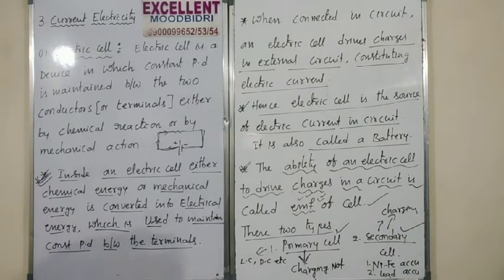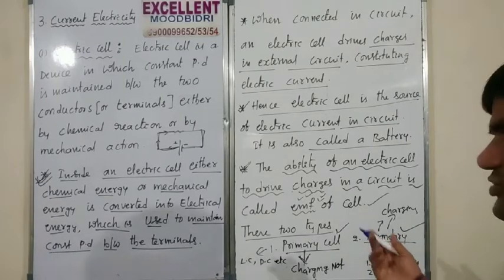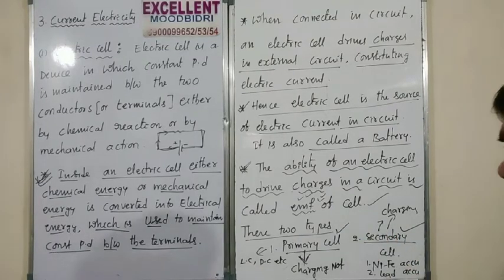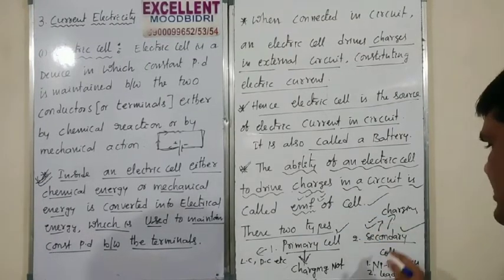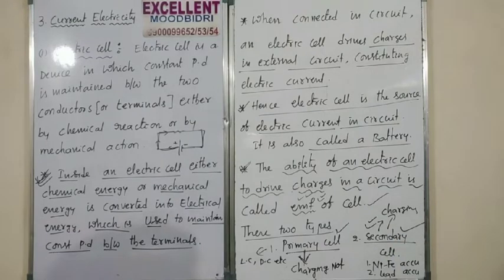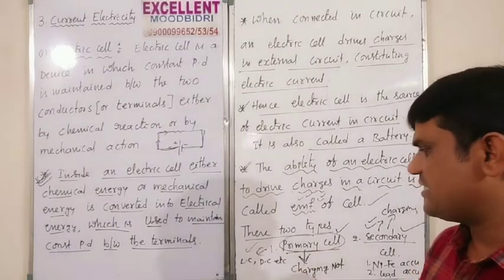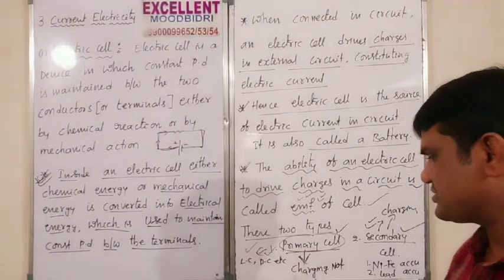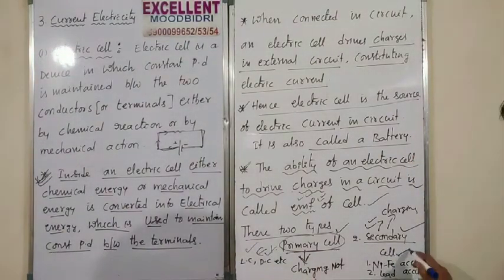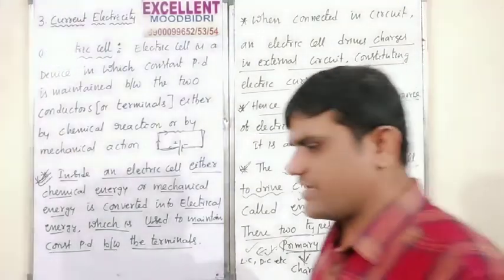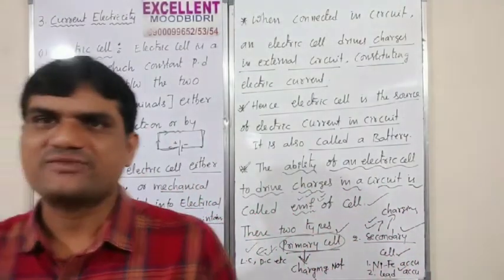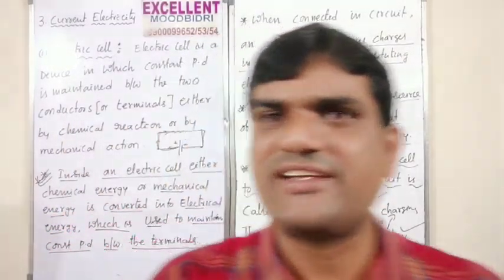Such types of cells are called secondary cells. Examples of primary cells are the electrolyte cell, Daniel cell, etc. Secondary cells are the nickel iron accumulator and lead accumulator.